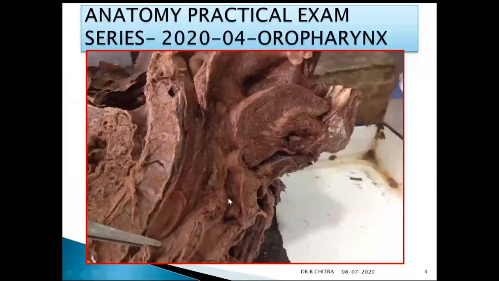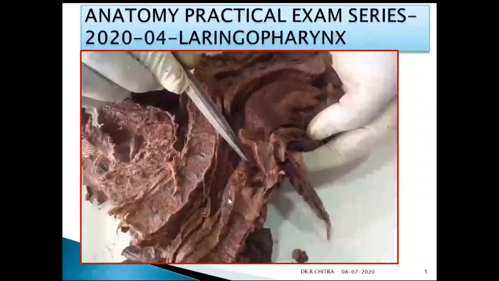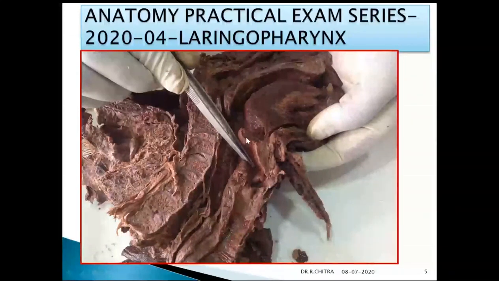Now we will see the boundaries of the laryngeal inlet. It is bounded above and in front by the upper margin of the epiglottis, below and behind by the interarytenoid fold, and on each side by the aryepiglottic fold.